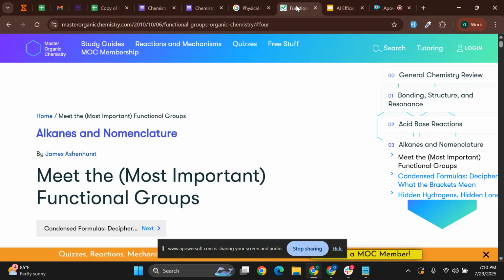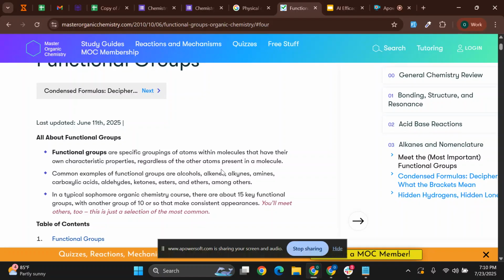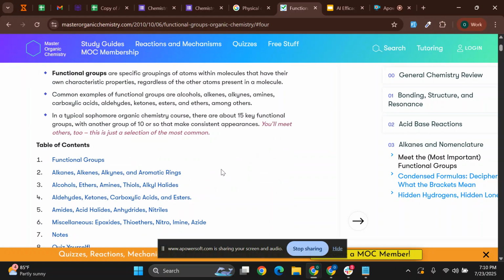this is the website. Okay, this is the most important functional group. Functional groups are specific groupings of atoms within molecules that have their own characteristic properties regardless of the other atoms present in a molecule. Common examples of functional groups are alcohols, alkenes, alkynes, amines, carboxylic acids, aldehydes, ketones, esters, and ethers, among others.